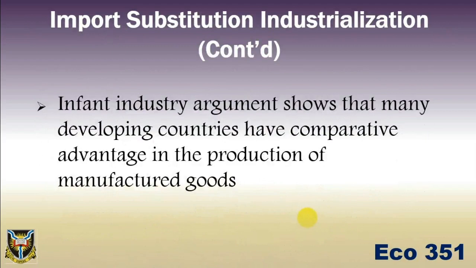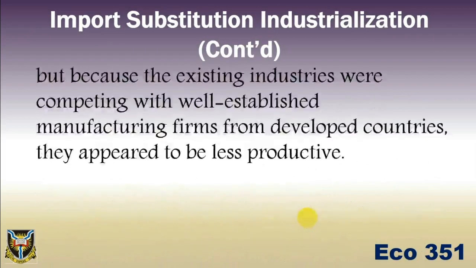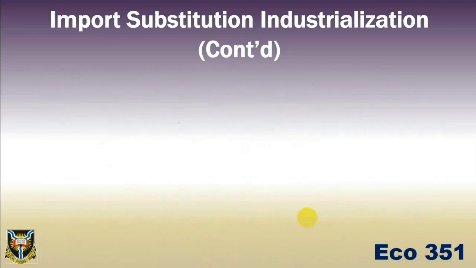The infant industry argument shows that many developing countries have comparative advantage in the production of manufactured goods, but because the existing industries were competing with well-established manufacturing firms from developed countries, they appear to be less productive.